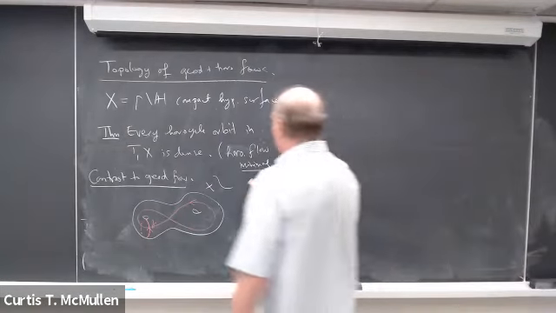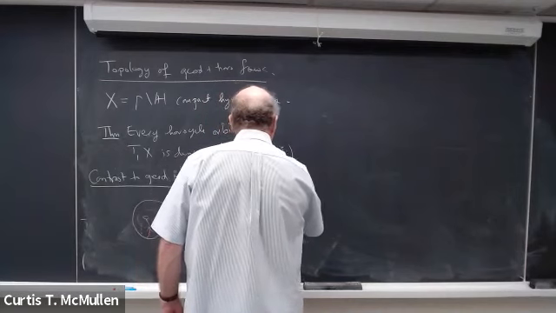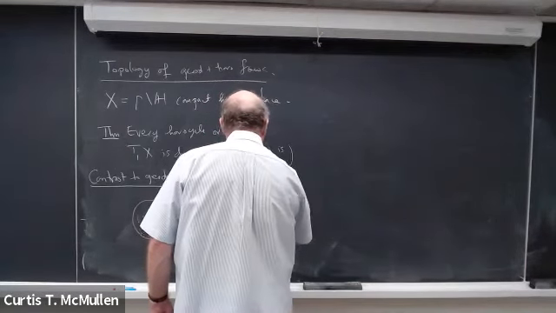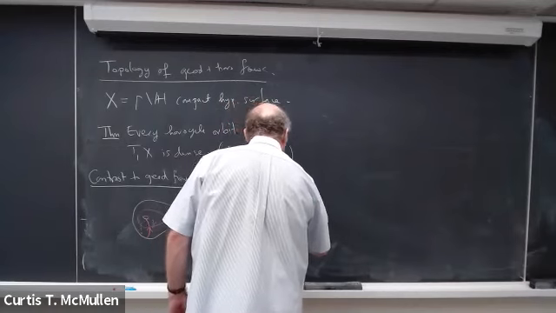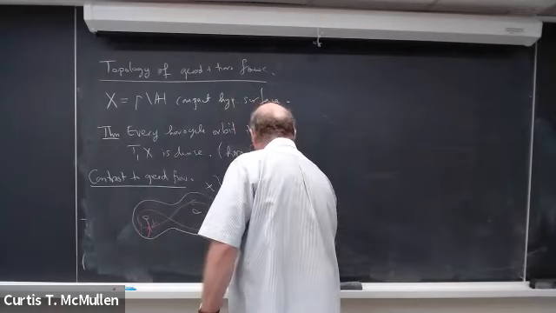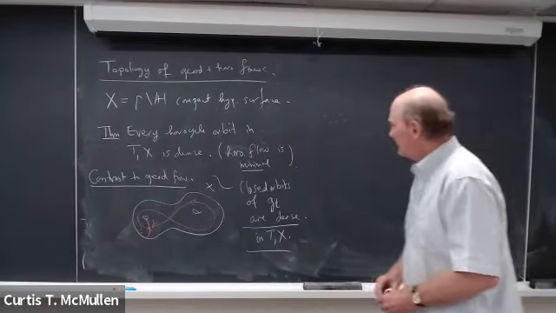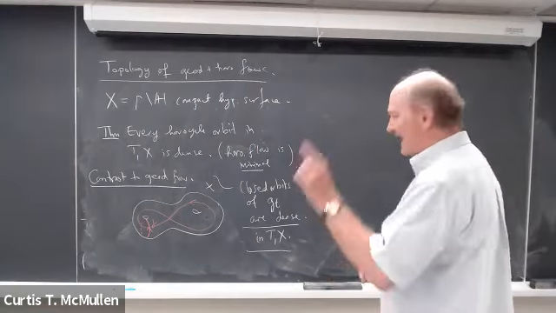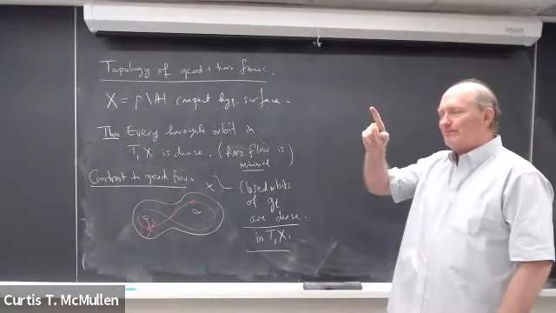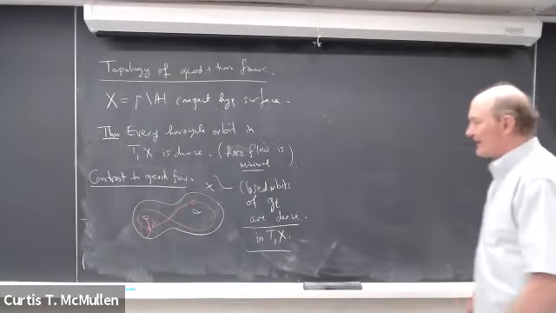And in fact, closed orbits of g_t are dense in T1 of X. That is, given any vector, you can move it just a little bit so it becomes tangent to a closed geodesic.